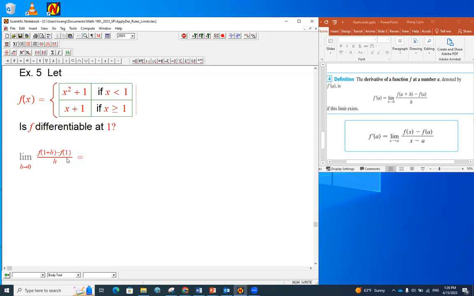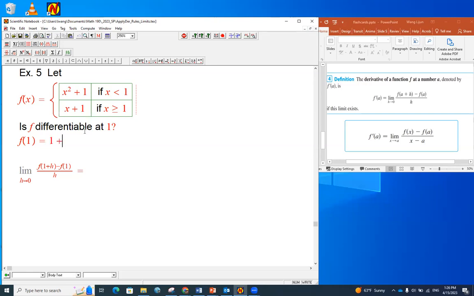All right, so let's do it. What is f of 1? Well, x is greater than or equal to 1, so we're going to use the rule x plus 1.